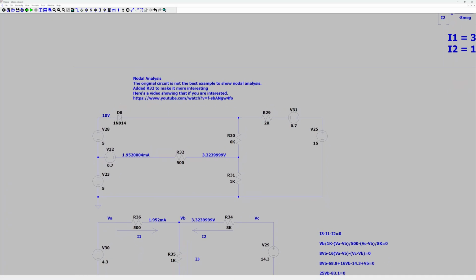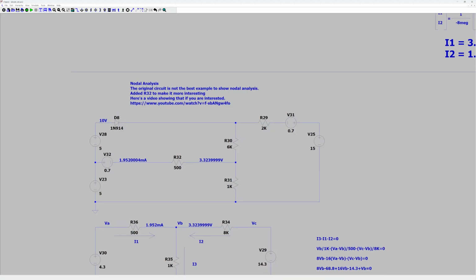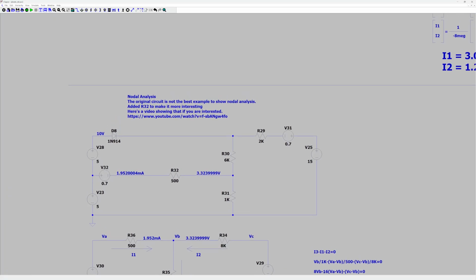Then finally, nodal analysis. The fact that there was no resistor in series with the diode kind of makes a nodal analysis not quite as interesting.